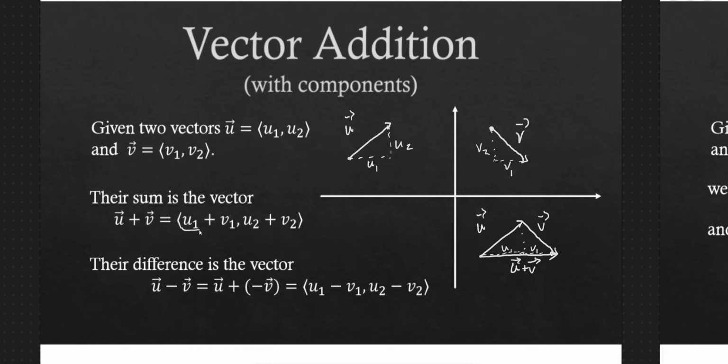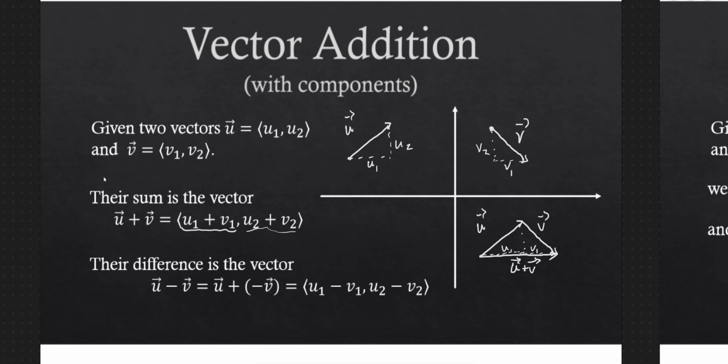So the x component of u plus v is just u1 plus v1. Doesn't that work out nicely from the geometry? And same for the y component. I go up u2, and then I go up v2. In this case, v2 is negative, and so it almost nearly cancels out u2. And what I end up with is the sum of u2 and v2 for the y component.